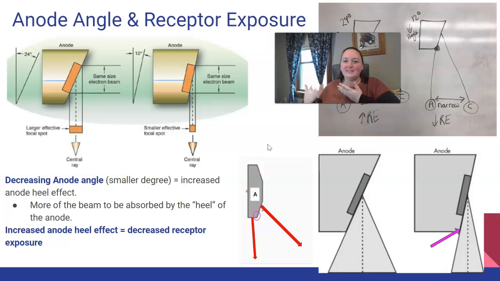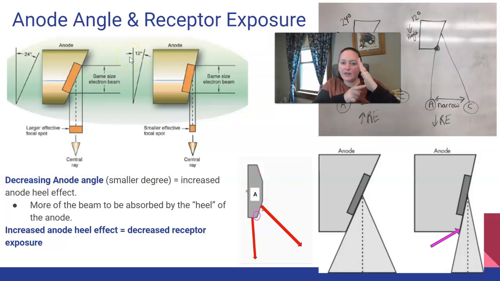It happens inside the tube and you don't see it and you don't move it. So when you change your settings, usually small focal spot or large, we'll adjust the degree of anode angle. So decreased anode angle, which is this one, say 12, or it might say 6, means your anode is steeper up and down.